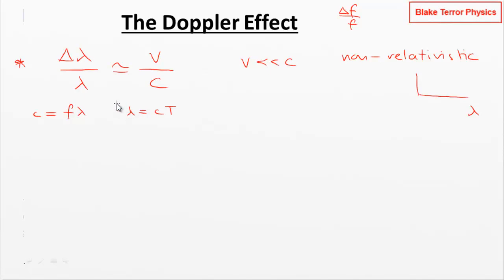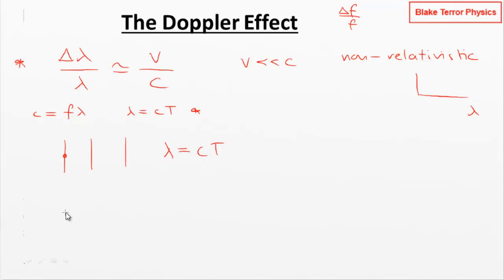We'll use both of these, but we get more mileage out of the second one. So we've got our source, which if it's static, then we're just sending out these pulses. We've got these wave fronts propagating out to the right here, and we're going to say that the wavelength is c times t, exactly as I've said here.